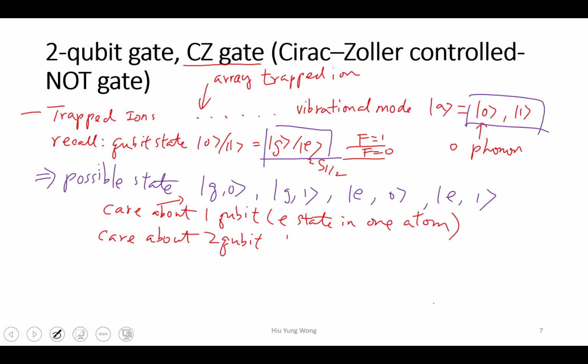Then you will say, okay, I have Ga, Gb, 2 atoms, and then you still have 0 phonon, and then you can have Ga, Gb, 1 phonon, Ga, Eb, 0 phonon, right? So in this case, the B atom is excited. Okay? You have a question?